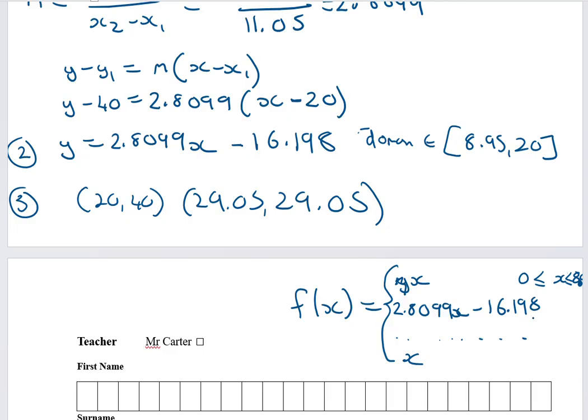Then I go to the next one, and that is starting when x is greater than 8.95, and it will be equal to or less than 20. I'll do the next one and the next one. So I'm just putting my domain down the side there. And of course, I end it with the brackets.